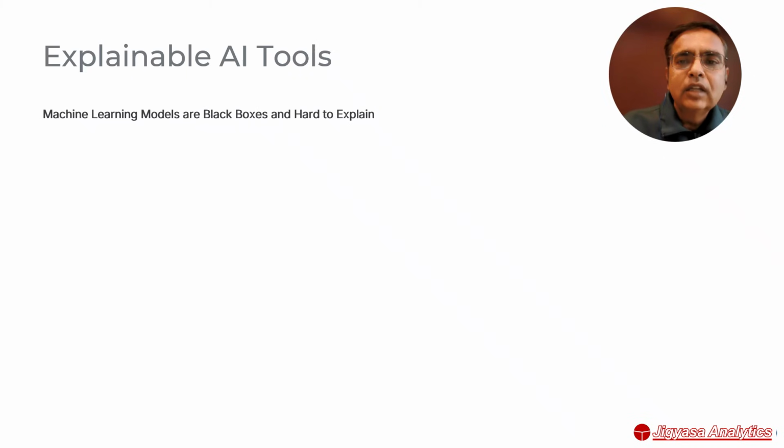And therefore, there is this movement towards explainable AI. And I will talk to you briefly about two such tools which are publicly available as part of Python packages and which help a lot in making sure your machine learning models are meeting regulatory requirements and give you greater confidence on their robustness and stability.